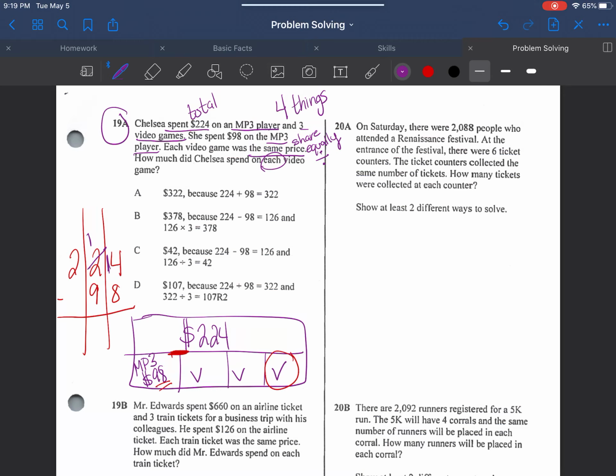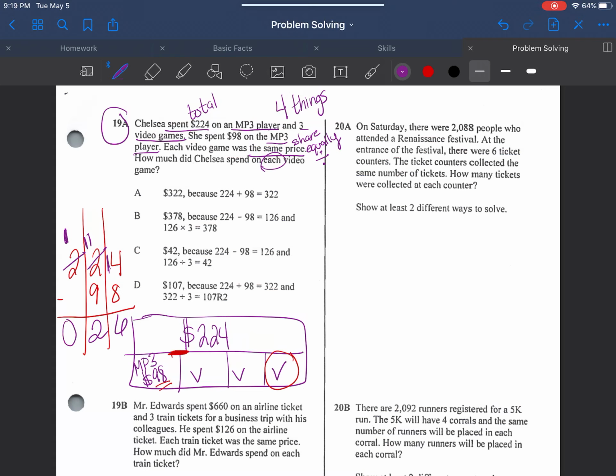4 minus 8, we cannot, so we regroup. The 2 becomes a 1, and the 4 becomes 14. 14 minus 8, that would be 8, 9, 10, 11, 12, 13, 14. That would be 6. 1 minus 9, we cannot, so we regroup.